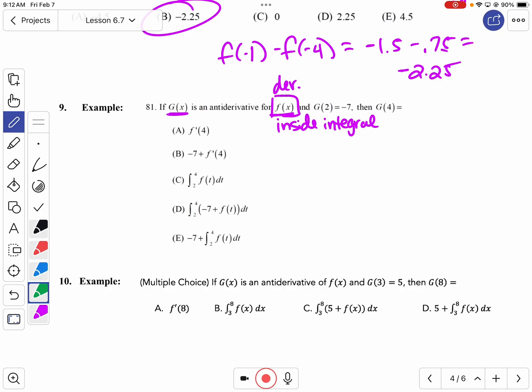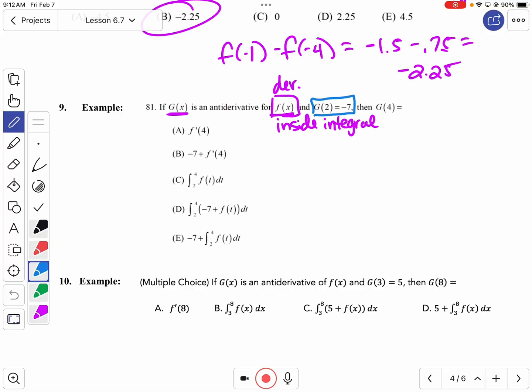So if we're looking for the integral, actually, let's go back a little bit. It wants me to find g at 4, the antiderivative evaluated at 4. So we got to think for a little bit about what's going on.